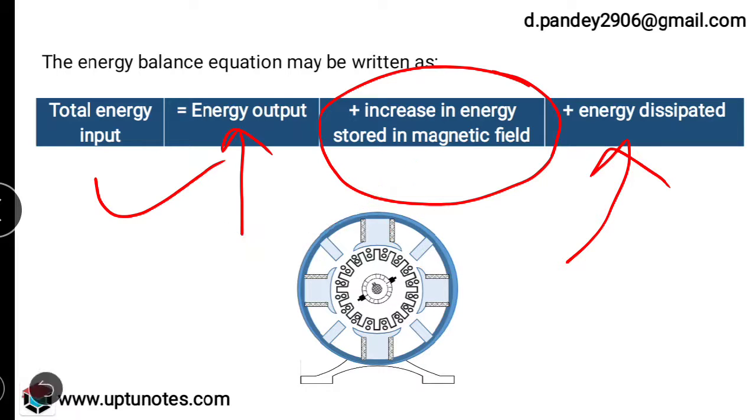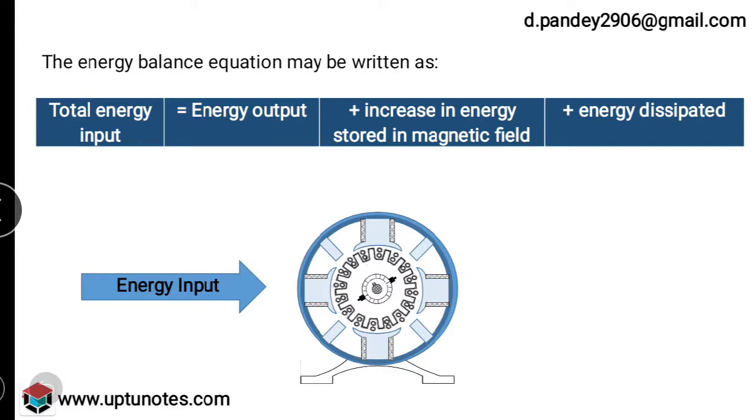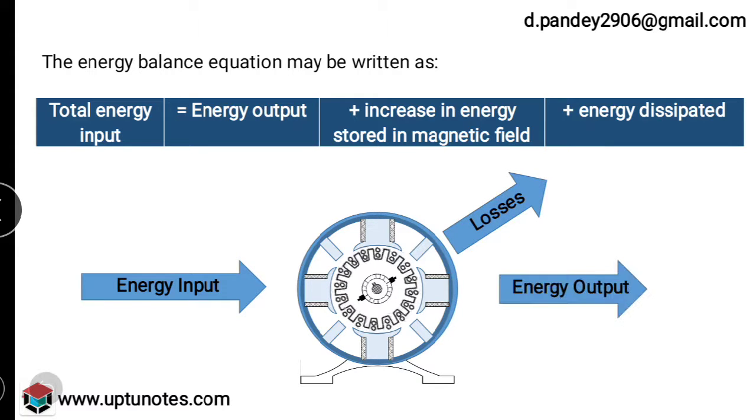Consider a prototype of a motor or generator, an electromechanical energy conversion device given by this circuit. We give an energy input, then the rotation starts. Next, the losses occur and there is an energy output.